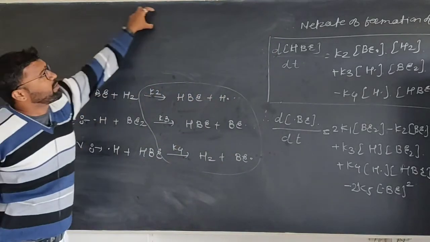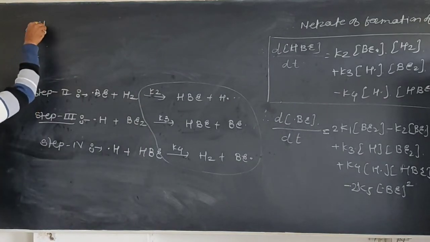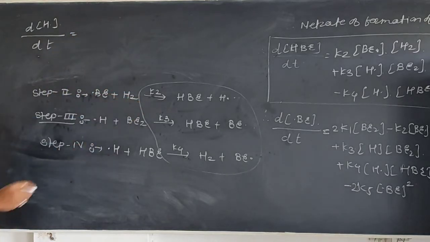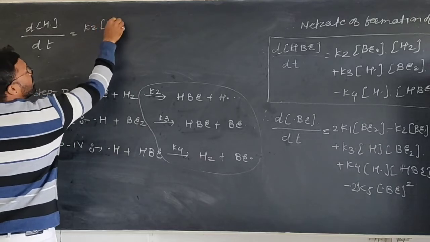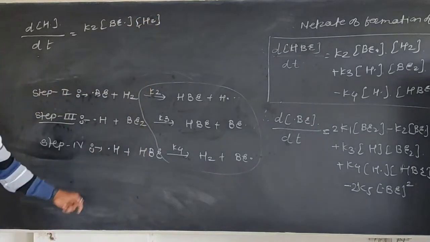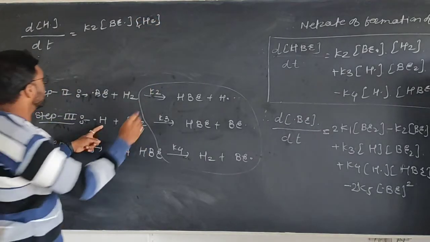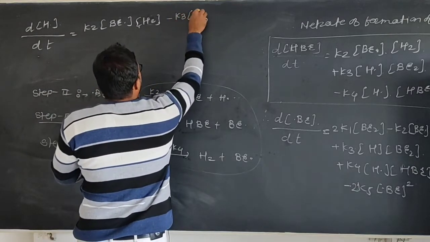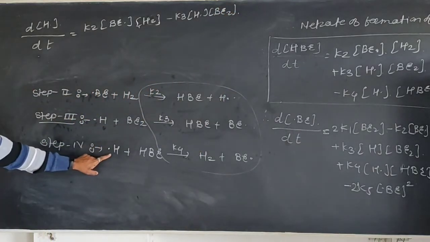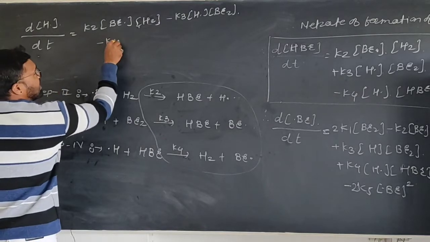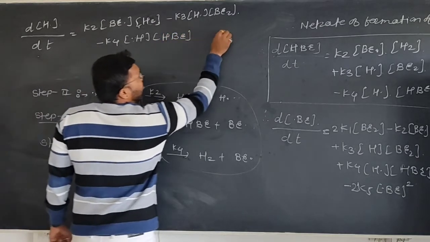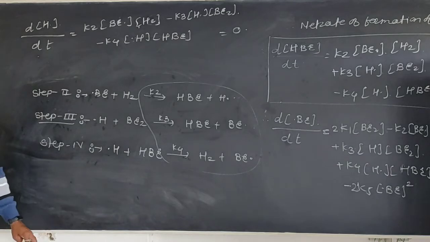Again, the net rate of formation of hydrogen radical, using the steps in the mechanism, is equal to: hydrogen radical is formed there, therefore K2 into bromine radical into hydrogen; hydrogen radical is consumed in step third, therefore minus K3 into hydrogen radical into Br2; and hydrogen radical is again consumed in step 4, therefore minus K4 into hydrogen radical into HBr, which is equal to 0 according to the steady state approximation.